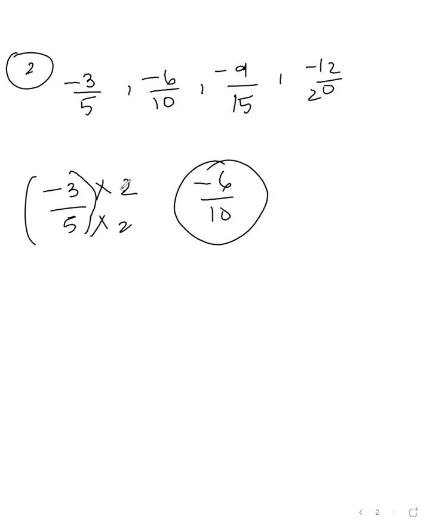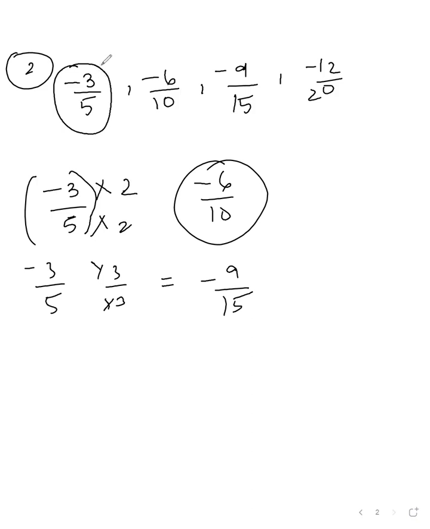Then you multiply it with 3, you get minus 9 by 15. We only have to multiply the first number. You have to recognize the pattern.